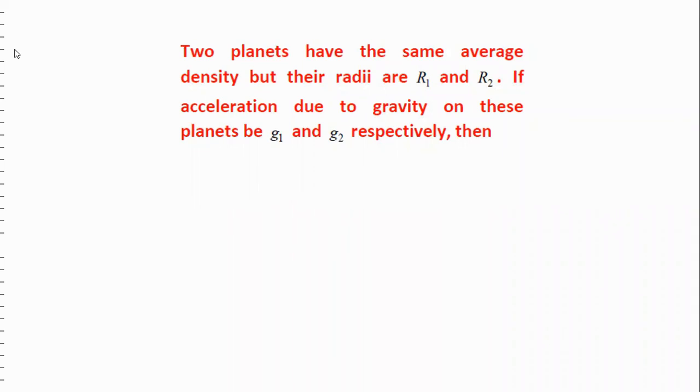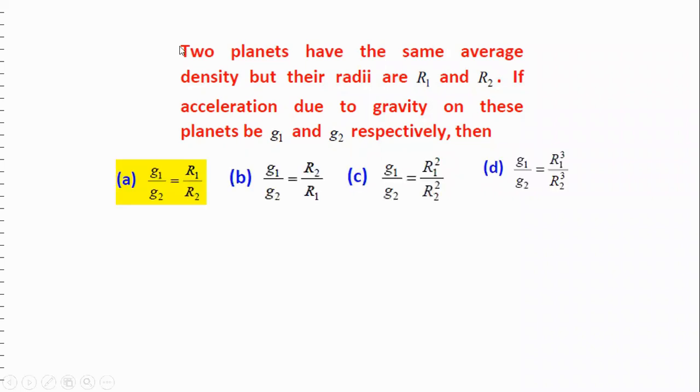See, in this problem, two planets are given, whose radii are R1 and R2. If the acceleration due to gravity on these planets is G1 and G2, then they have asked for the relation between them.